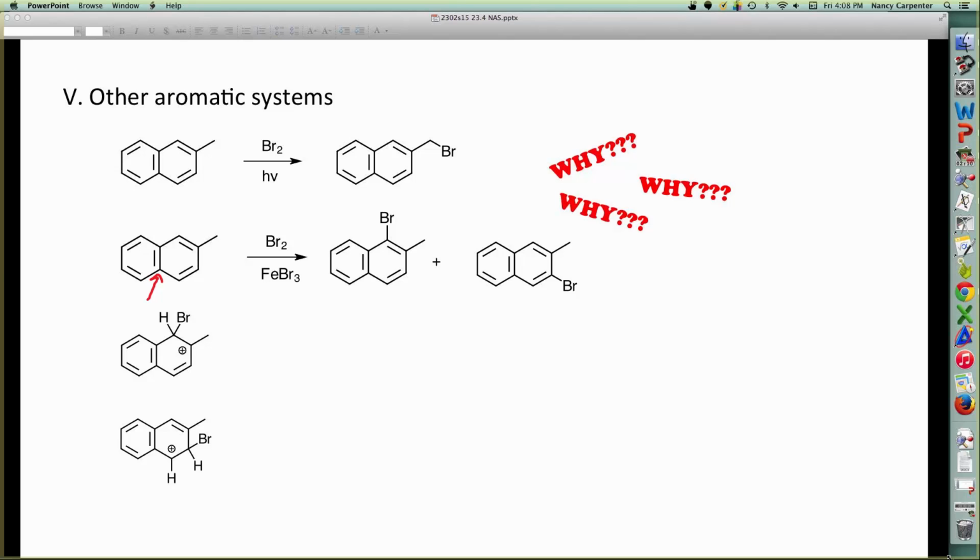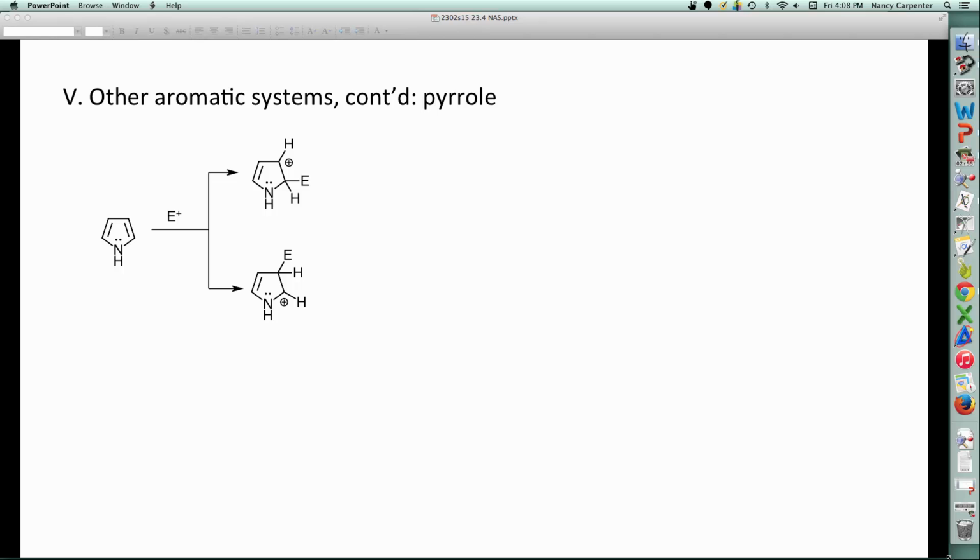So that's not an option, but the two ortho positions would give you nicely delocalized carbocations that can ultimately get you to the important resonance contributor, the one that puts the positive charge right smack dab on the carbon bearing the electron donating group, in this case the methyl. So nothing new under the sun there.